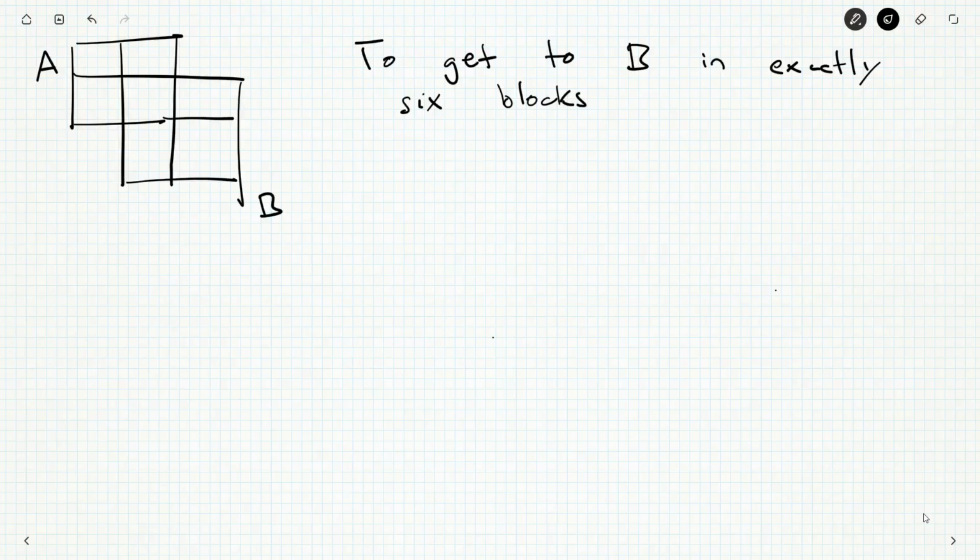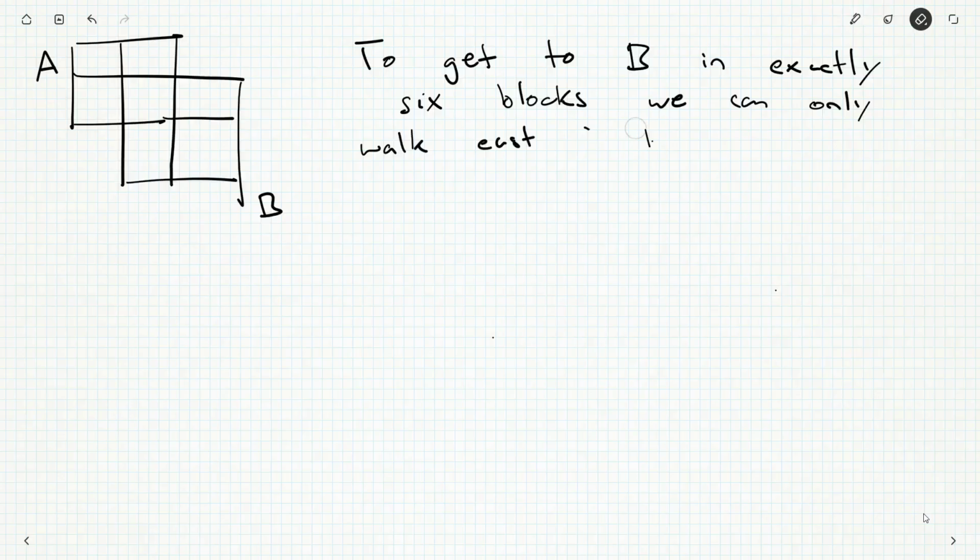In exactly 6 blocks, we can only walk east and south. Okay, so we never have to worry about walking north or west. We're never going to backtrack.